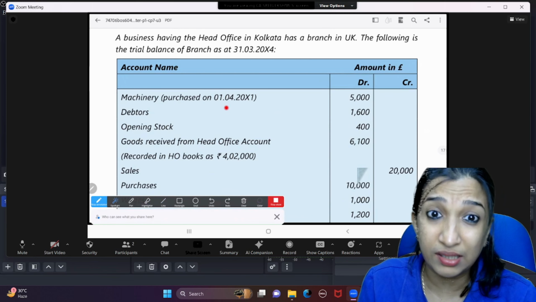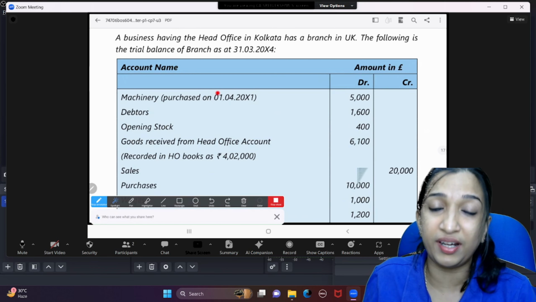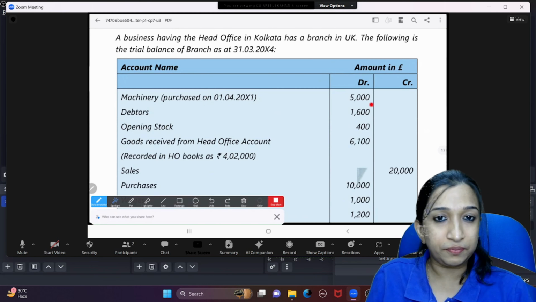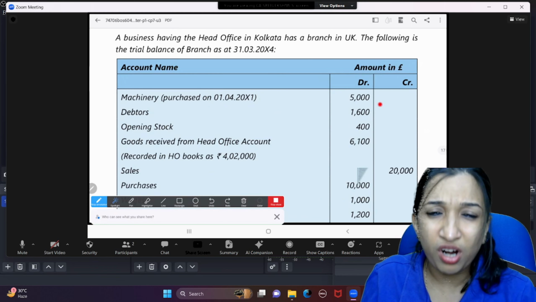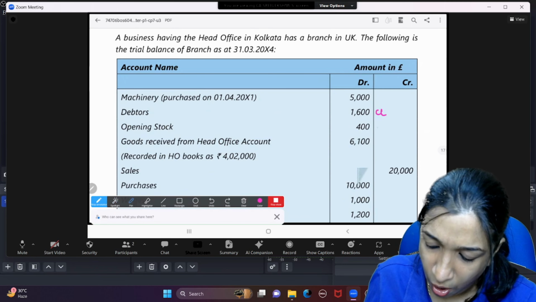We need to check whether it is integral. If it is integral, we need specifically the rate on the date of purchase. Debtors, always closing rate. Opening stock, opening rate.